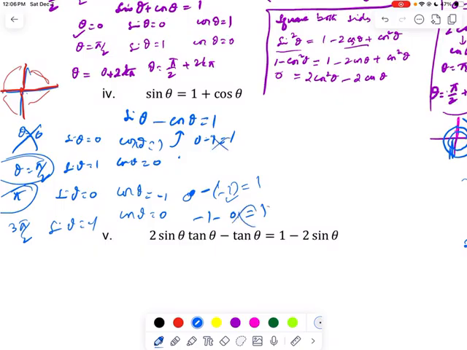So this cannot be the solution. Therefore, the solution is theta equal to pi plus 2k pi, and the other solution is theta equal to pi over 2 plus 2k pi.